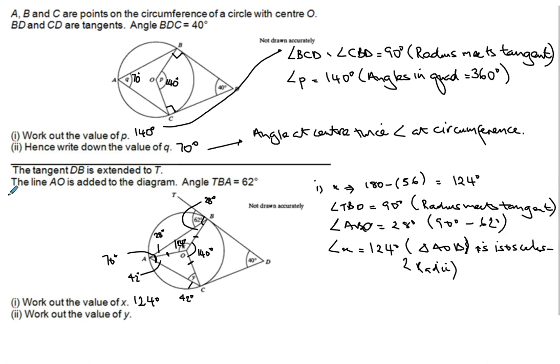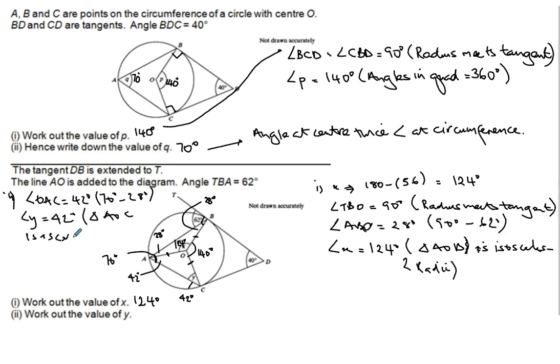Let's do that there. So angle OAC equals 42, and then you go 70 minus 28, and then you go angle Y equals 42, and then you go triangle AOC, isosceles.